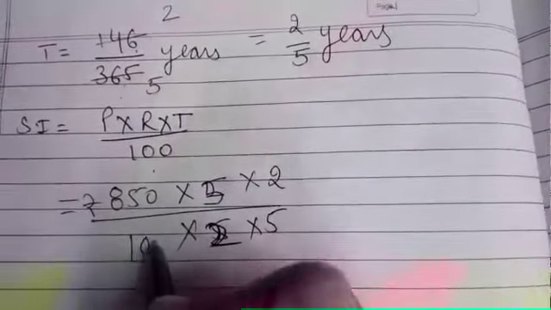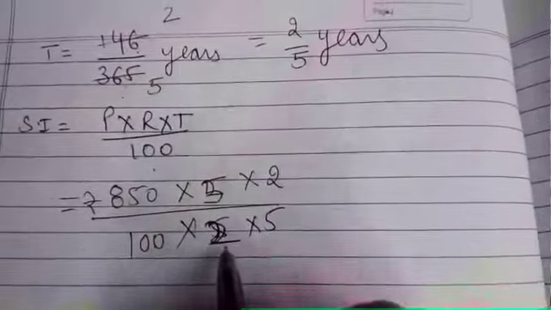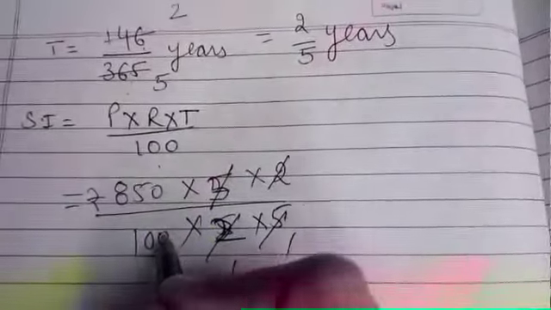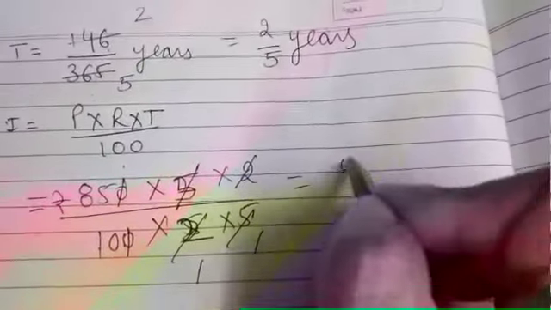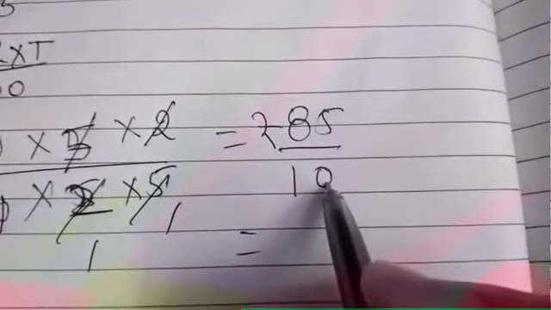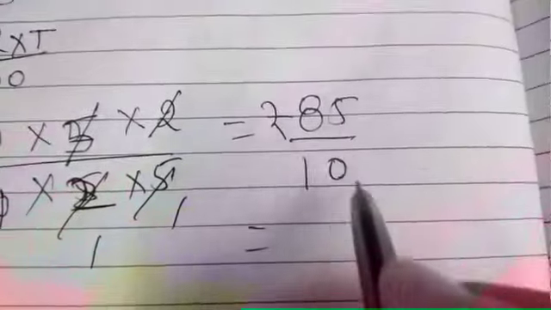Into 100, you know that we write it in the formula. So 2 will be cancelled with 2 and 5 will be cancelled with 5. 0 will be cancelled with this 0, and it becomes 85 rupees over 10. Here is 1 zero in the denominator, so we will apply a decimal here.